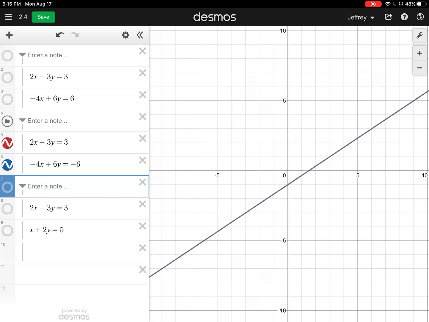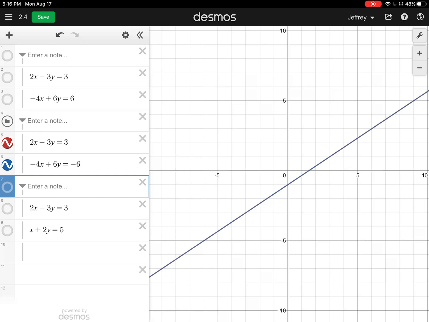Now, over on the left-hand side, I have two equations written out, but you only see one. That is because they are directly on top of each other. So these two equations are the same line. They exist in the same space. For every point along that line, they are equal to each other.